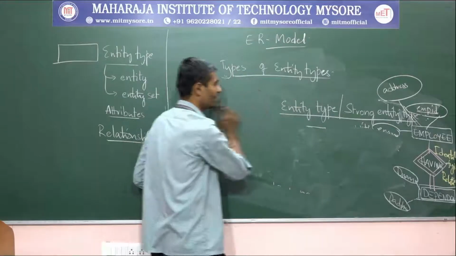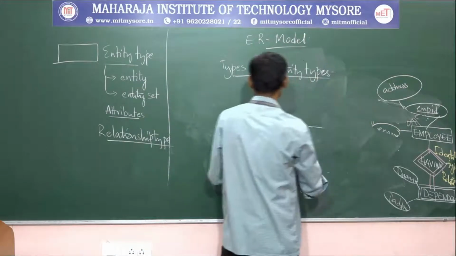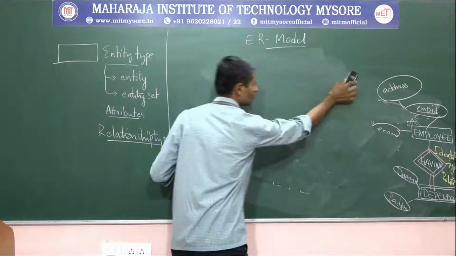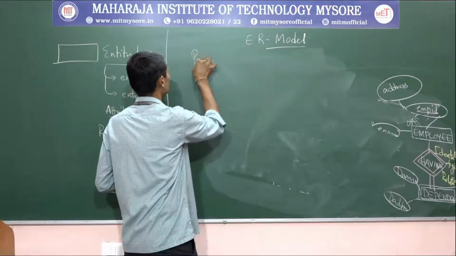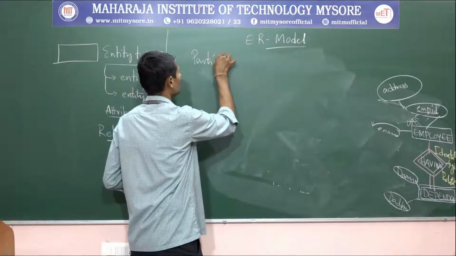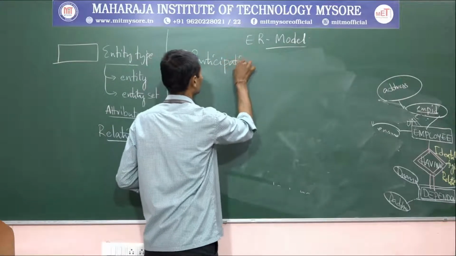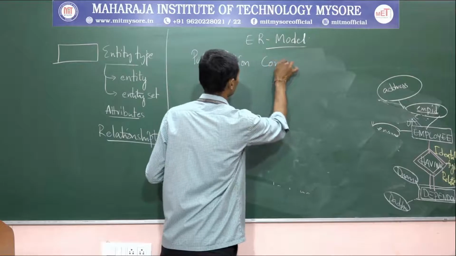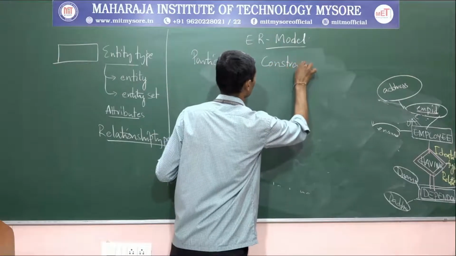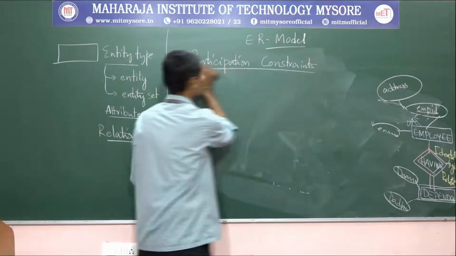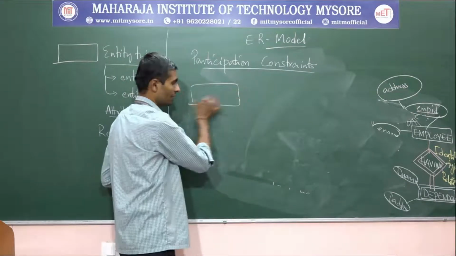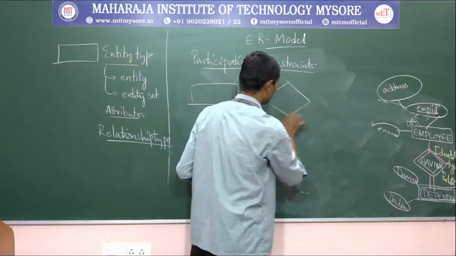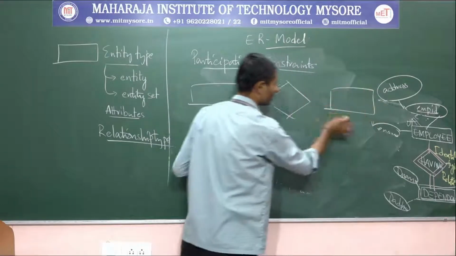Let's assume, guys, the participation constraint example. Let me redraw on the same diagram, below that, the same thing.